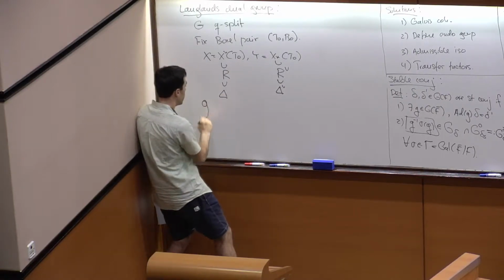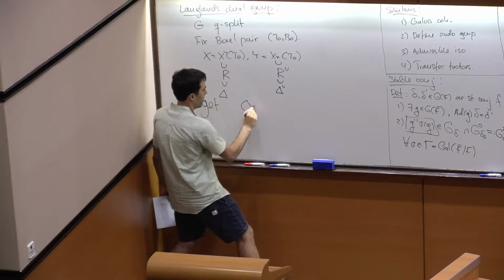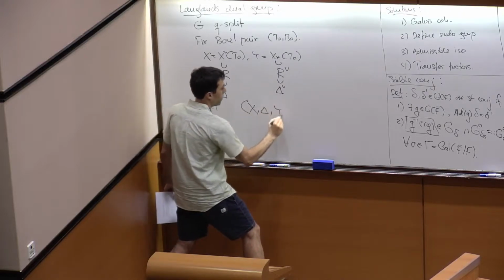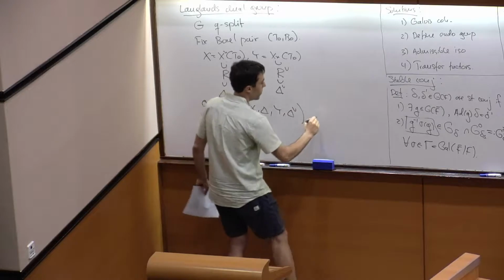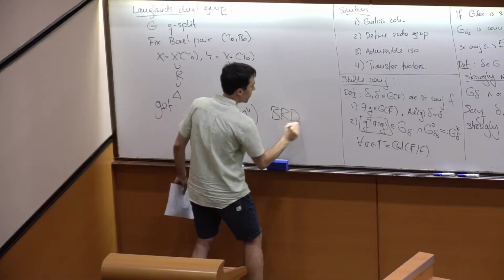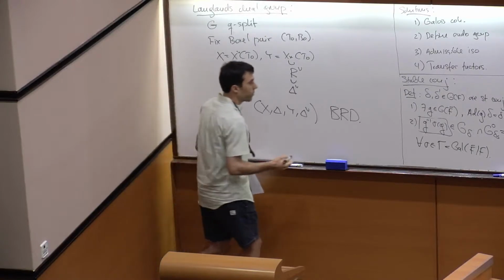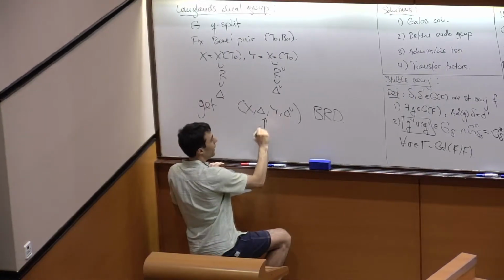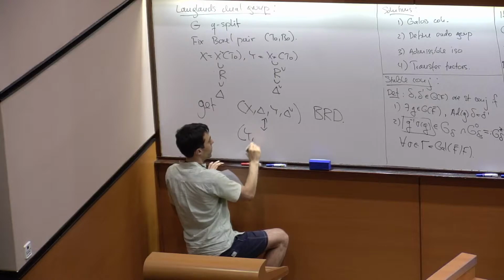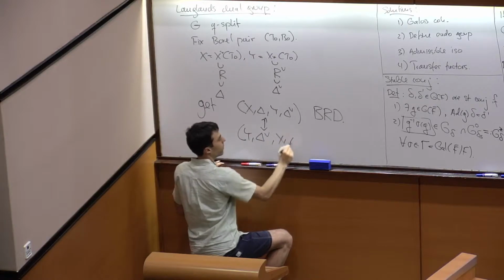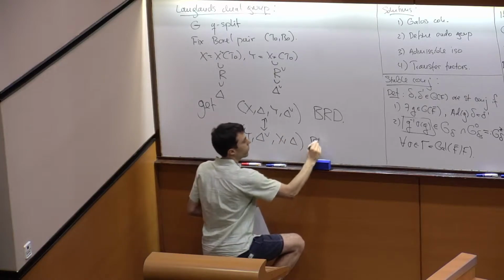So what we get is a so-called based root datum. You can make sense of what this means in linear algebraic terms. And there is a duality for these things where you just switch. This is another based root datum.